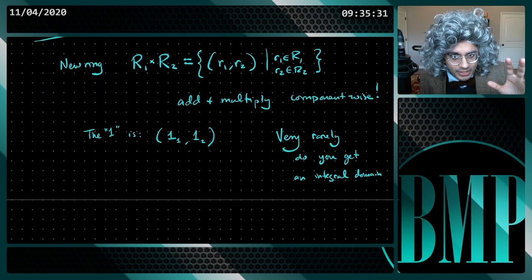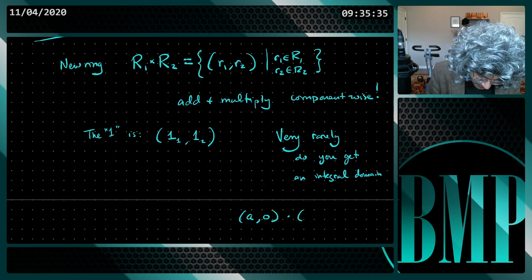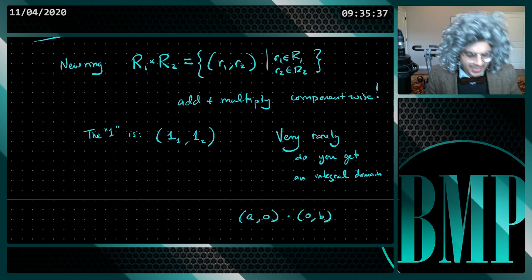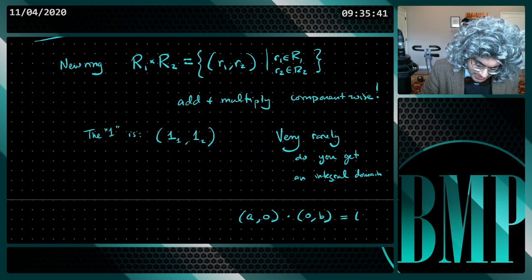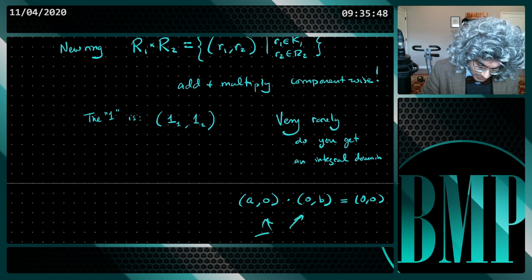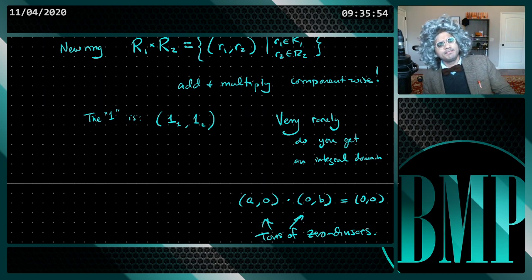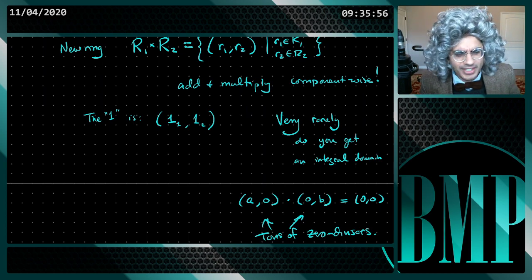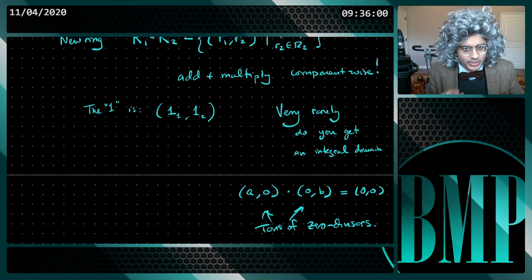So very rarely do you get an integral domain, because if you do this, the multiplication of these two types of elements is (0,0). So you got some 0 divisors. Tons of 0 divisors. Okay? Awesome. So you're not going to get nice rings this way. You're going to get interesting rings, weird ones.